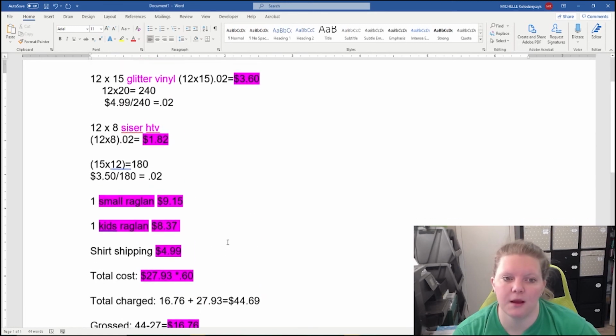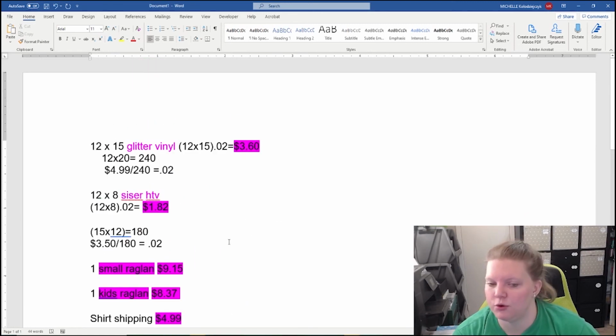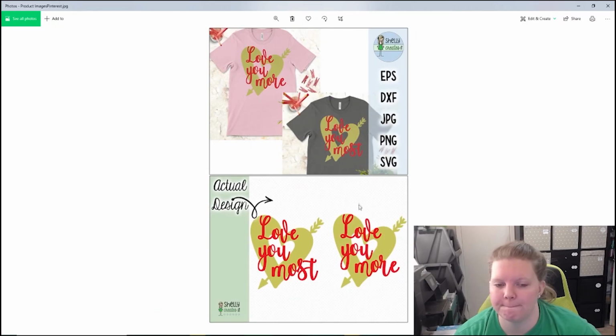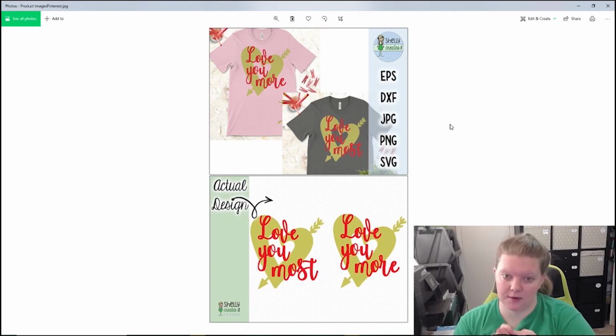So that's how I price my 2 vinyl shirt with glitter vinyl and Siser Easy Weed vinyl. The big things to remember: you want to check the price of your vinyl from wherever you're getting it, your craft store, your supplier.